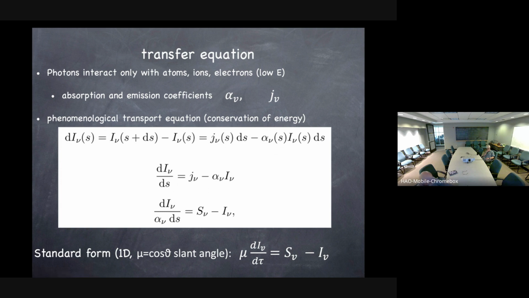And the problem is that throughout a lot of astrophysics, we know that S must be some kind of function of the intensity. And that's because when we look at an astronomical object, we're looking at photons which are escaping from the object.